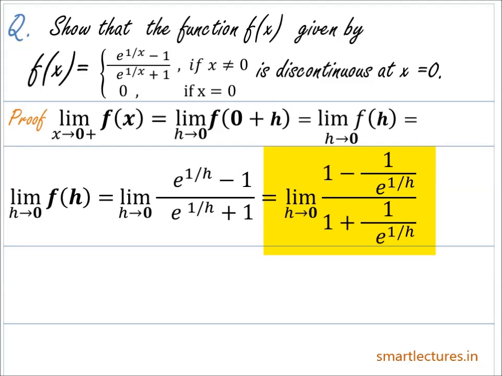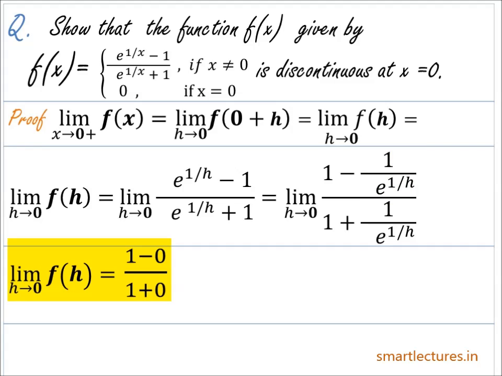And we have already proved that limit h approaches 0 1 upon e raised to the power 1 upon h is equal to 0. So that means this expression now becomes 1 minus 0 upon 1 plus 0, which is equal to 1. So now the left hand limit is equal to minus 1 and the right hand limit is equal to 1.